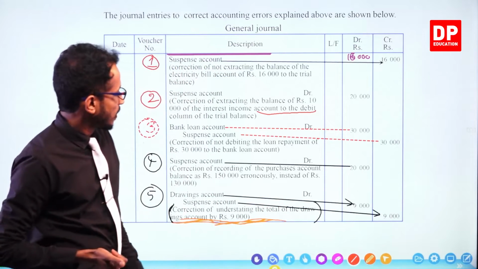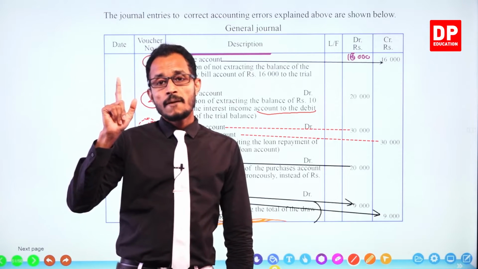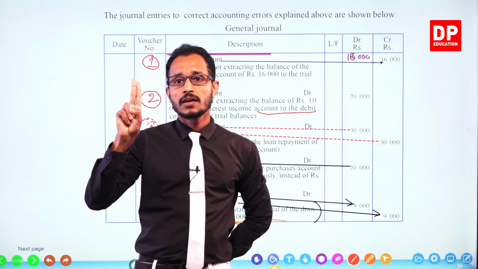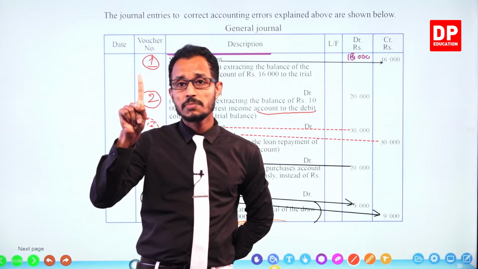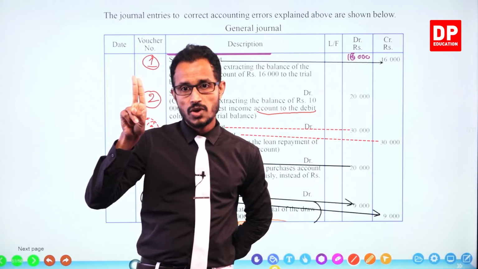No fuss. These are not complex and hard things. But remember the main points, children. There are two types of errors. First of all, you must identify whether it's an error which affects the trial balance or an error which does not affect the trial balance.